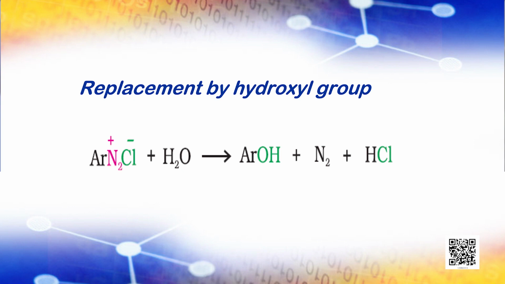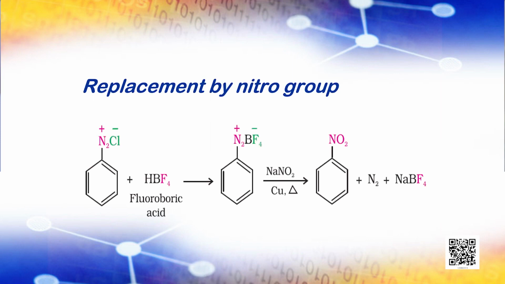If the temperature of the diazonium salt solution is allowed to rise up to 283 Kelvin, the salt gets hydrolyzed to phenol. Replacement by nitro group. When diazonium fluoroborate is heated with aqueous sodium nitrite solution in the presence of copper, the diazonium group is replaced by nitro group.